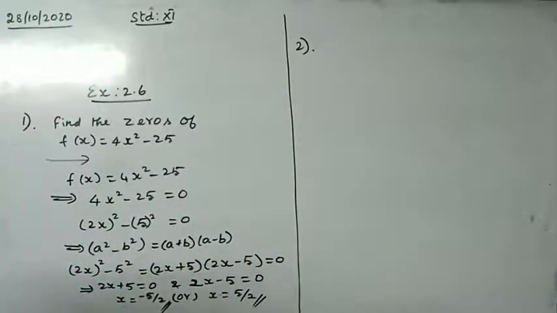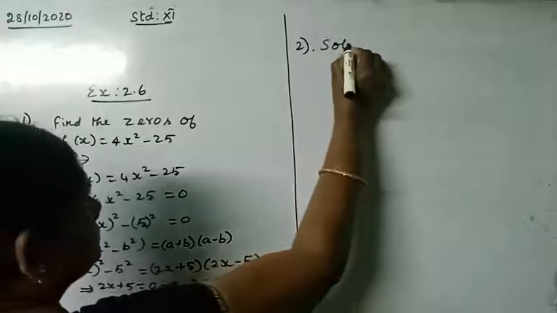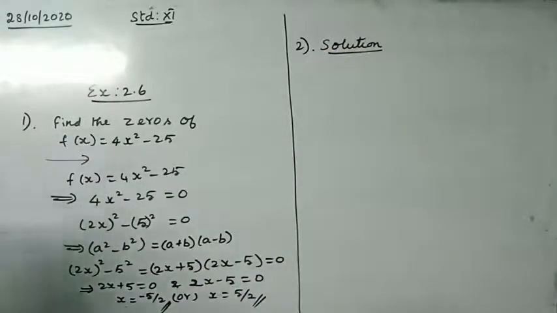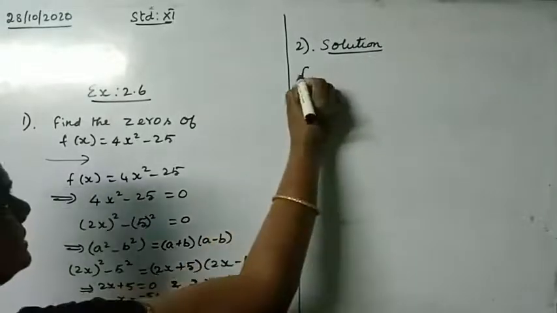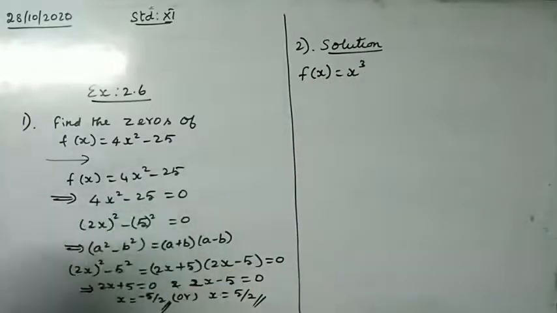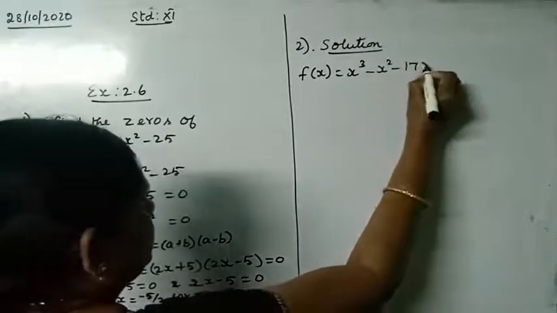If x is equal to minus 2 is one root of x cube minus x square minus 17x is equal to 22, then find the other roots of the equation. Now solution. It is given that the cubic equation is, take f of x is equal to x cube minus x square minus 17x.